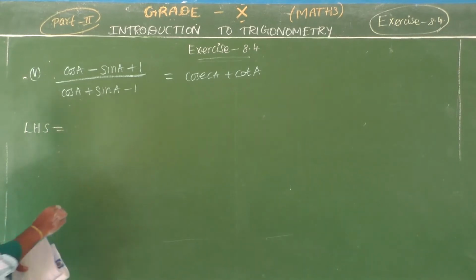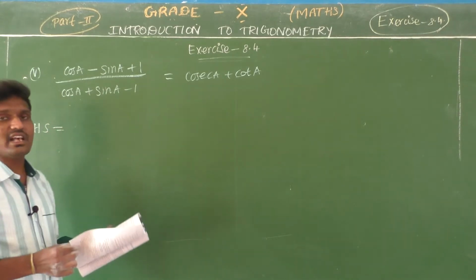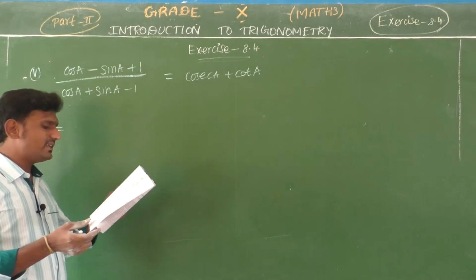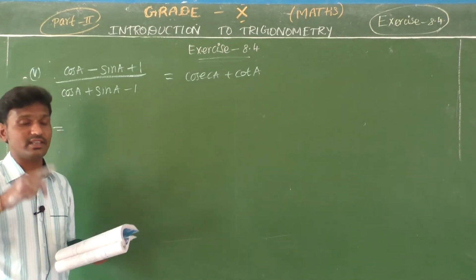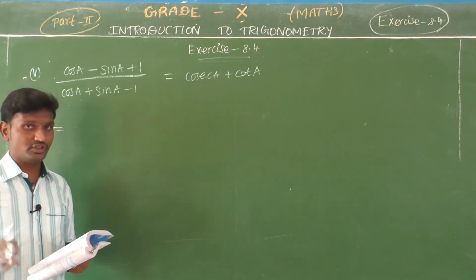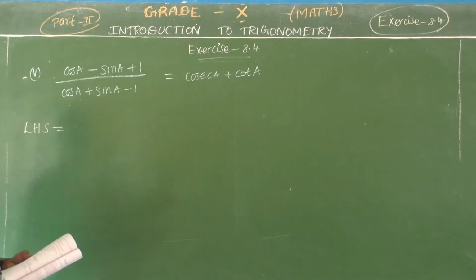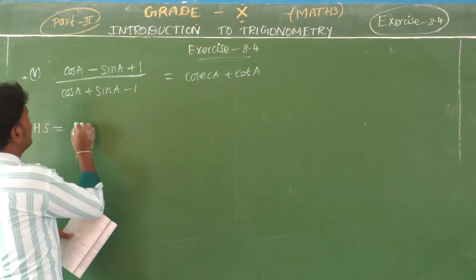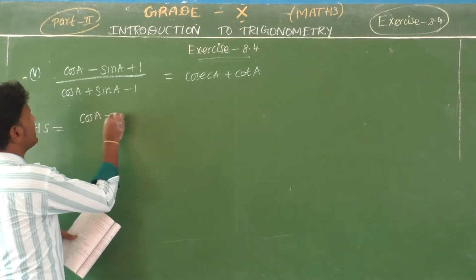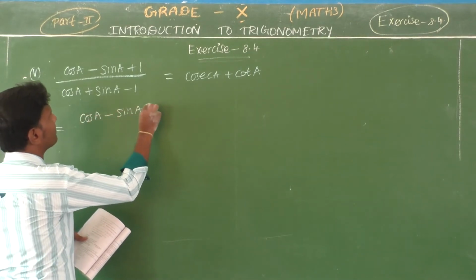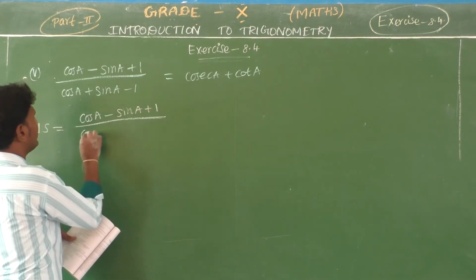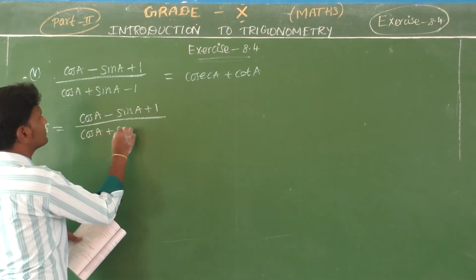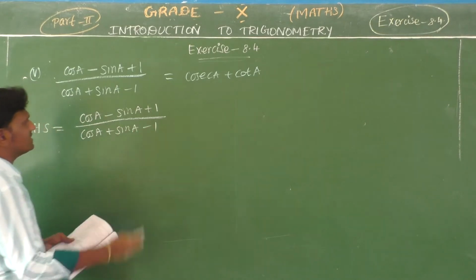You have one example, the last example 15. That example and this exercise question both have the same pattern. Now take that (cos A minus sin A plus 1) whole divided by (cos A plus sin A minus 1).